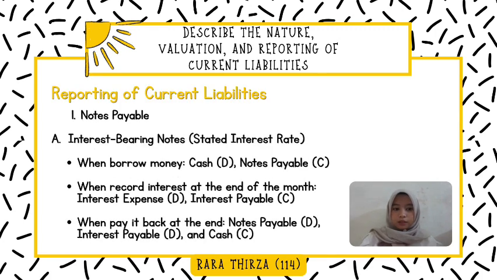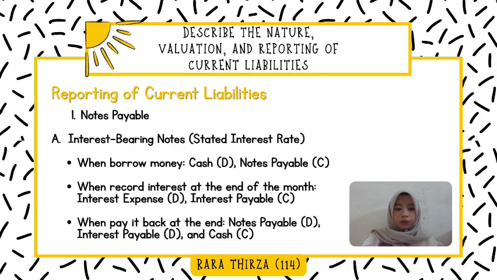Okay, now let's discuss the reporting of current liabilities. The first current liability we are going to discuss is notes payable. There are two types here. First is interest bearing notes, and the second is zero interest bearing notes. We are going to discuss the interest bearing note first. It states an interest rate.